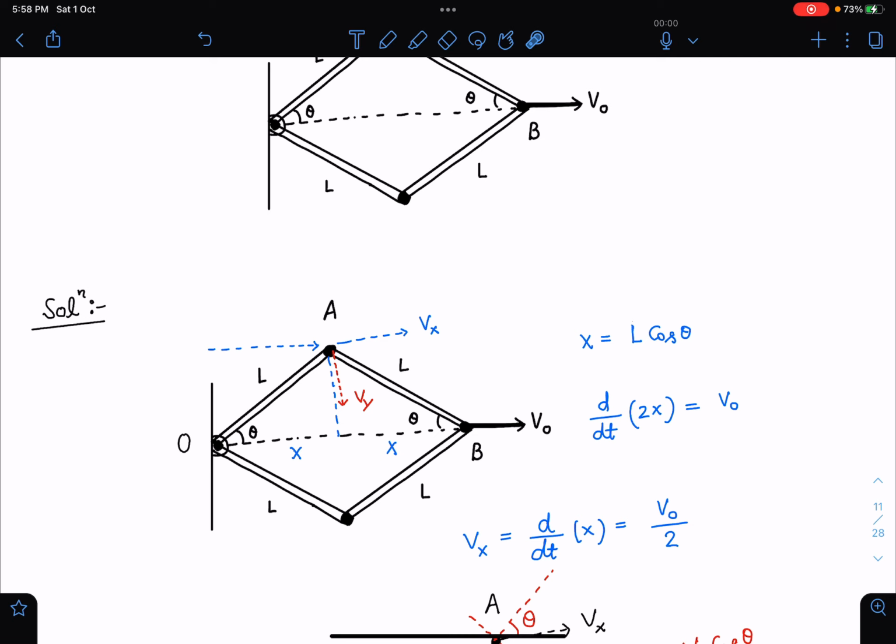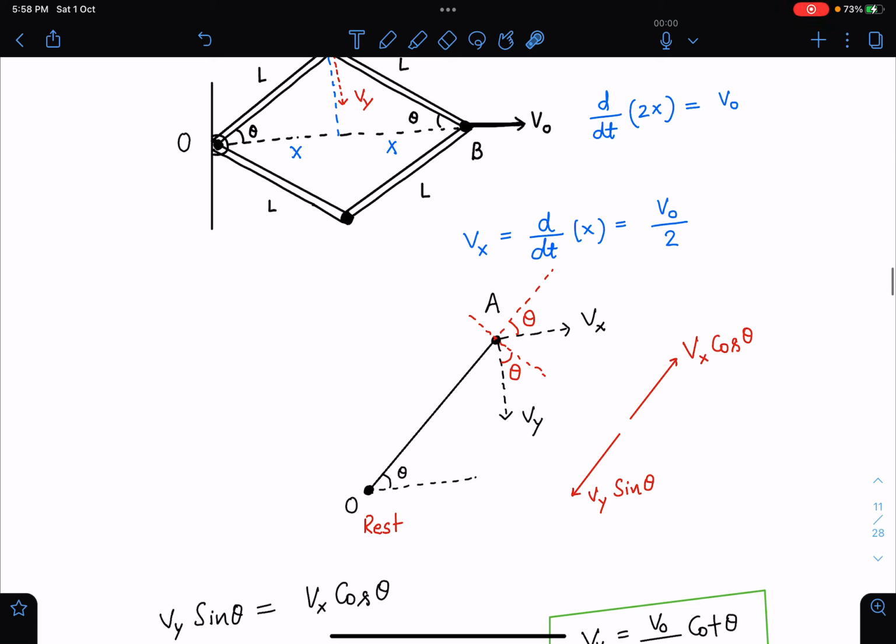Then I can use rod constraint for this particular part, because this end is at rest and this end is having vy and vx. So I know if this point is at rest, this should also be at rest in this direction, because length cannot change. So if this point is at rest, this is vy and this is vx. Component of vx in that direction is vx cos theta.